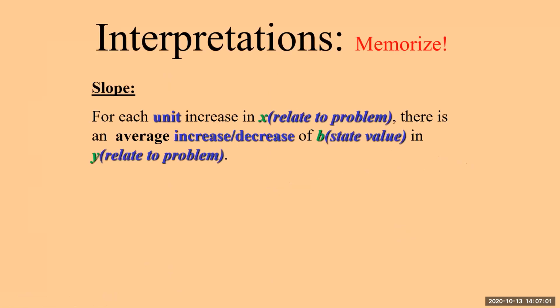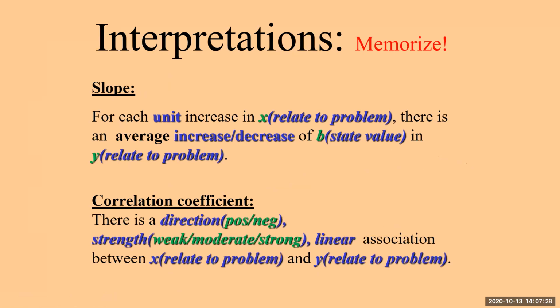So how do we interpret our least squares regression line? Well, we first can interpret slope. Think back to algebra. We interpret slope by saying for each one unit increase in x, relating to what objects you're talking about, there is an average increase or decrease, positive or negative, of b. State the value of the slope, relating it to y.